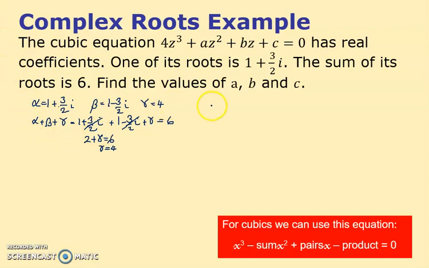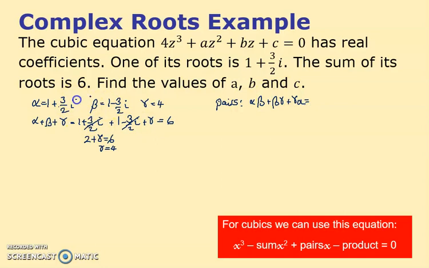So I can simply just add these roots up. Well, I know the sum already is 6. I need to know what the pairs are. The pairs, of course, are alpha beta plus beta gamma plus gamma alpha. So let's do those.